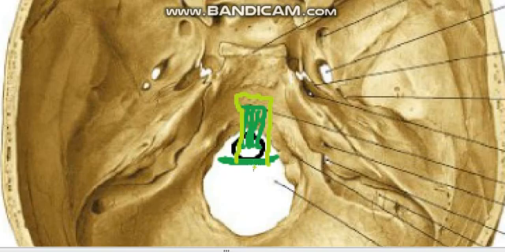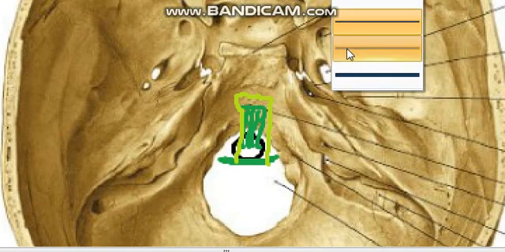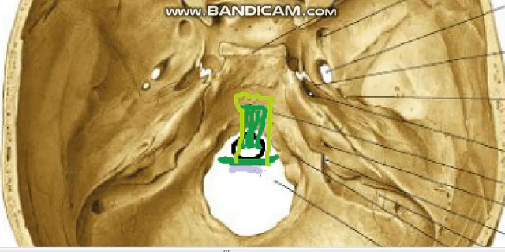So the posterior longitudinal ligament that comes up from the body of the axis is actually continuous as a membrane called the membrana tectoria. So the membrana tectoria is a membrane derived from the posterior longitudinal ligament. So behind all this you have the membrana tectoria that is rising up. And that is the third structure.